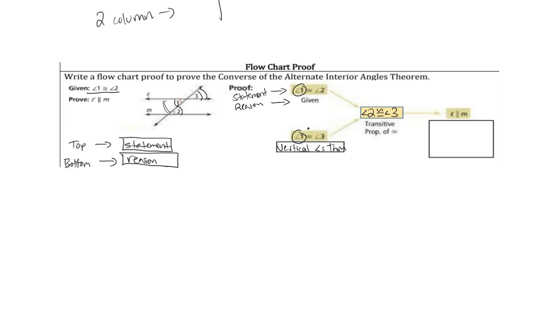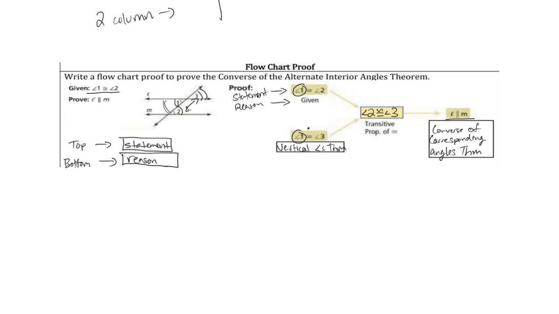Now, we can say that line L and M are parallel because we know 2 and 3 are congruent, right? And 2 and 3 are corresponding angles. Therefore, the converse of corresponding angles theorem, right?